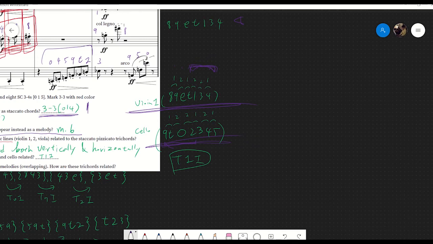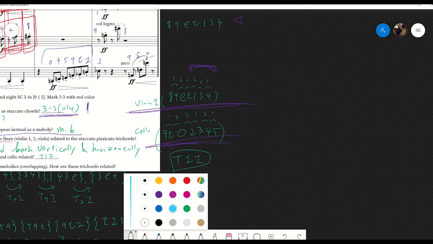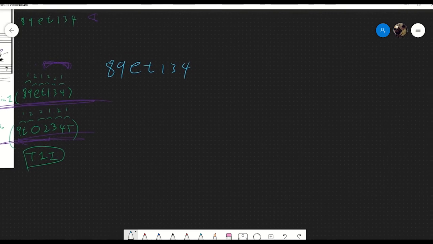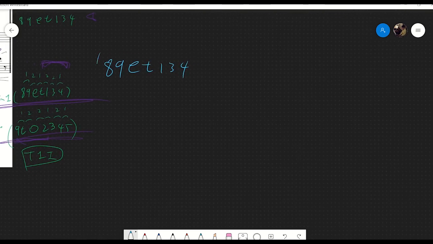Right? So we need to find the index number, which is 1. In other words, I'm going to use a green one, since the other doesn't seem to show well. We have 8, 9, 11, 12, 10, 1, 2, 4, and 9, 10, 0, 2, 3, 4, 5.